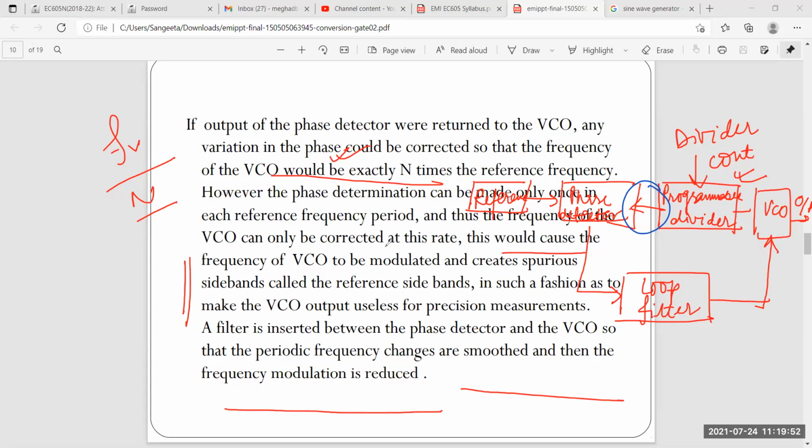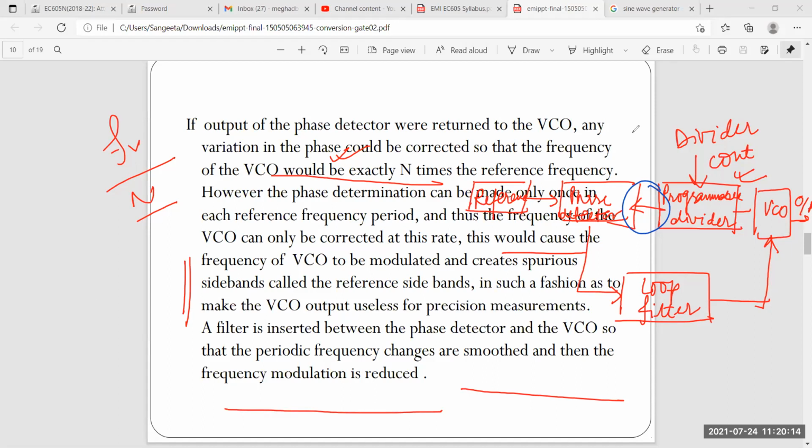One more thing, the loop filter, which I told you, is connected between the phase detector and VCO, so that the fluctuations in frequency get smoothed, and the frequency modulation is reduced in the output.